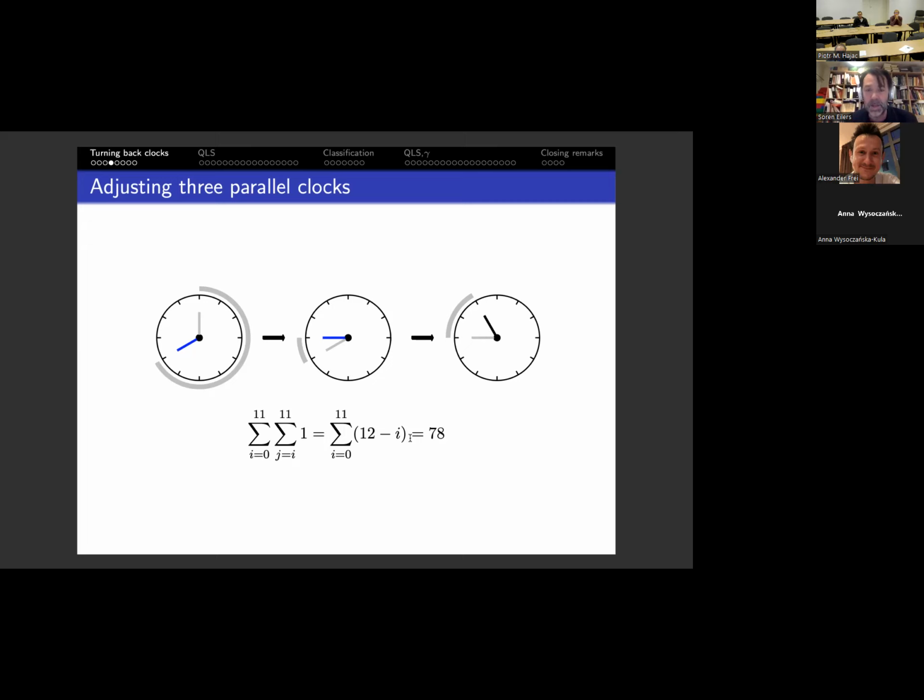The numbers that I see as I go I equals 0 to 11 of 12 minus I are exactly the numbers between 1 and 12 that I'm adding up. So the sum of the numbers from 1 to 12 is 12 times 13 divided by 2. So it's 6 times 13, which is 78. So that also gives you the prime factorization of 78, and we're going to need that in a second, right? So it's 2 times 3 times 13.